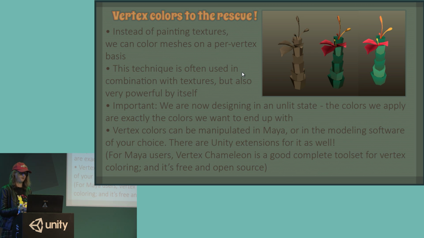Usually you have textures that are assigned by UV coordinates, but in this case, we just assign the colors to the mesh directly. My favorite plugin to use for it is Vertex Chameleon, which is like a little 3D Photoshop inside of Maya, but there's Unity extensions for it too.